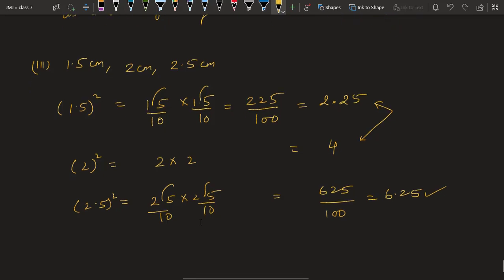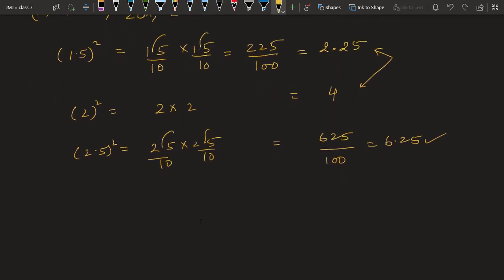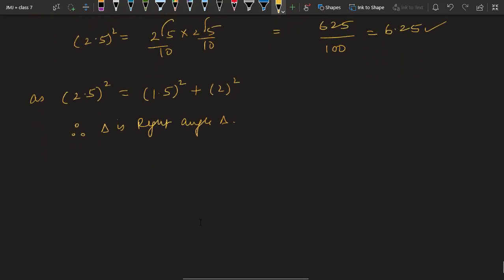That means these three sides are following Pythagoras theorem, as 2.5 square is coming equal to 1.5 square plus 2 square. Therefore, triangle is a right angle triangle.